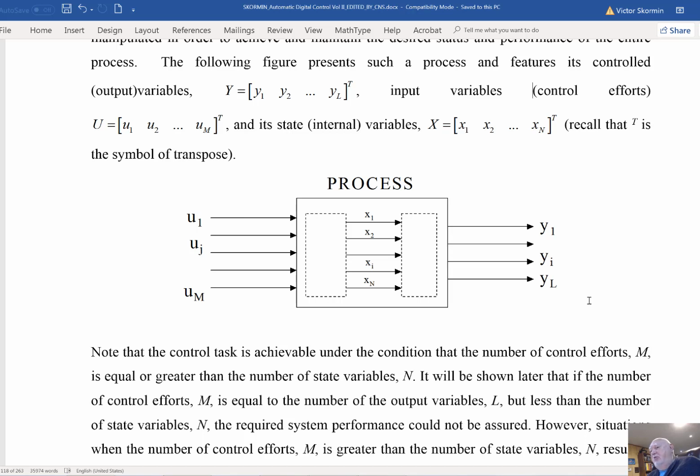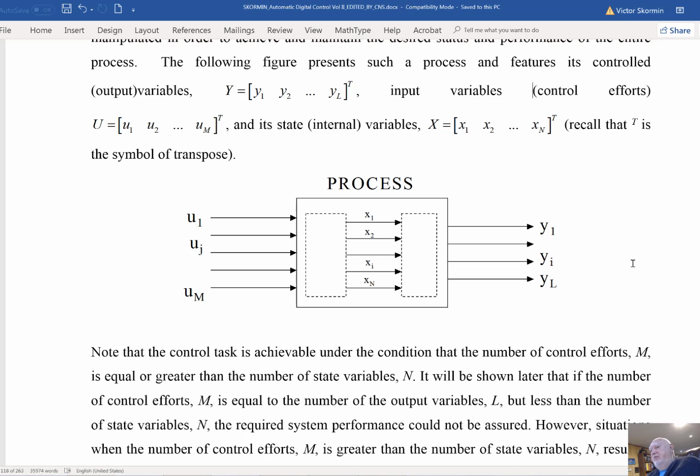And these high-order differential equations would describe how the entire combination of input variables affects this particular output variable, how the entire combination of input variables will affect the output variable number 2, and so on, so forth. Yes, we're talking about high-order differential equations.